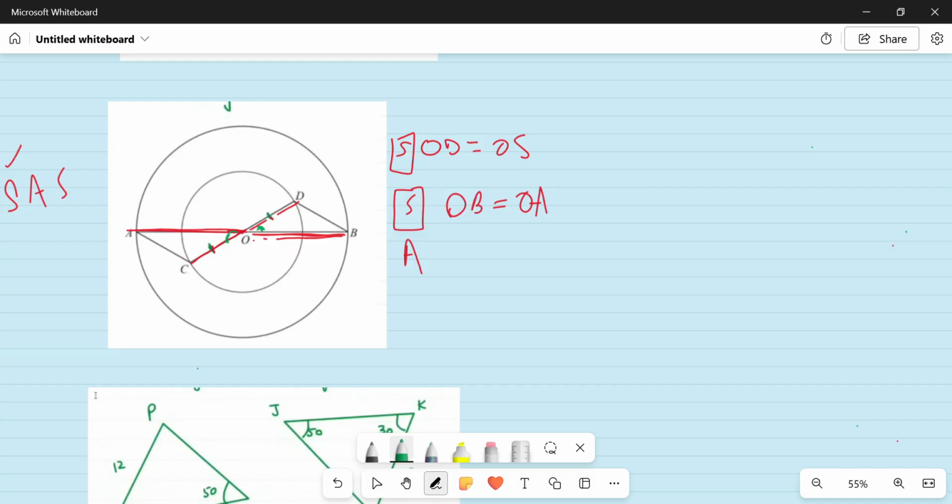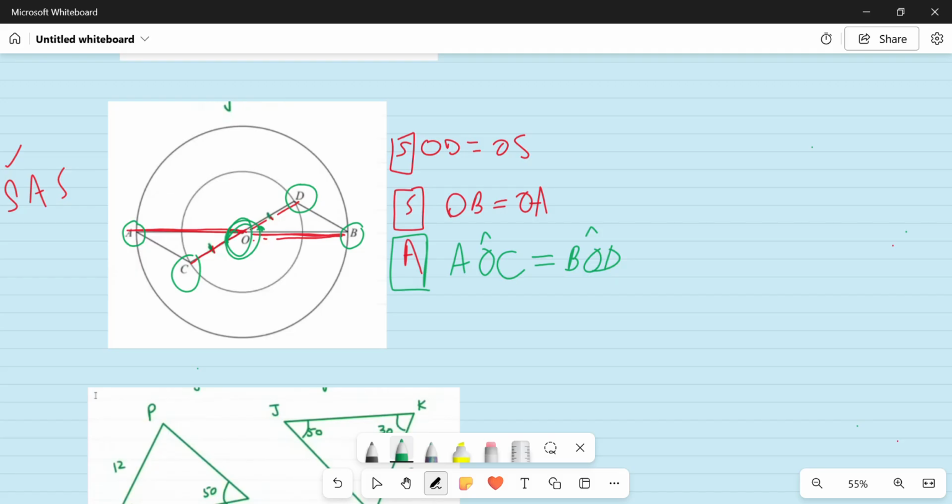So angle AOC, angle AOC is congruent, is equal to angle BOD, right?